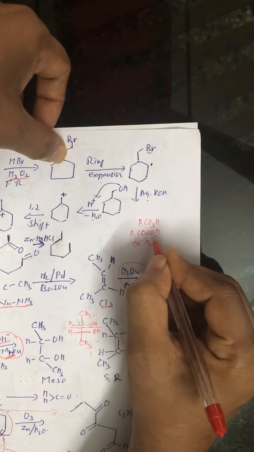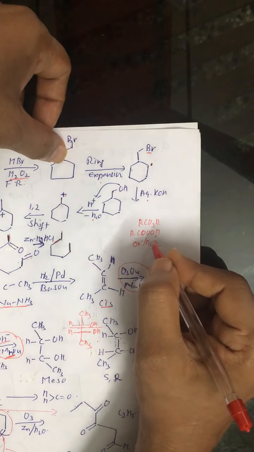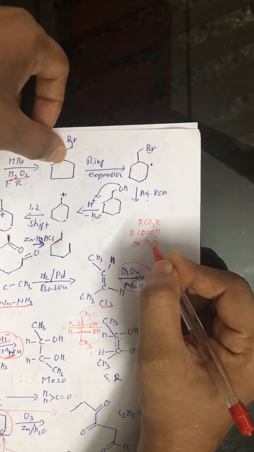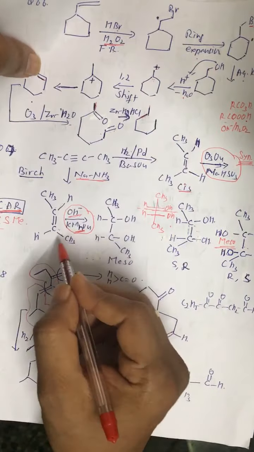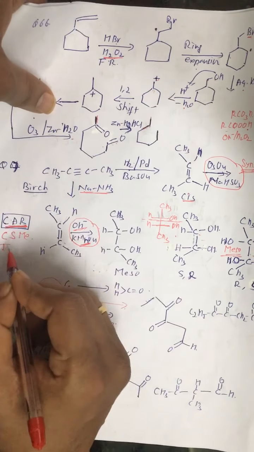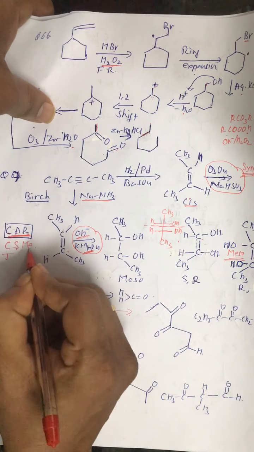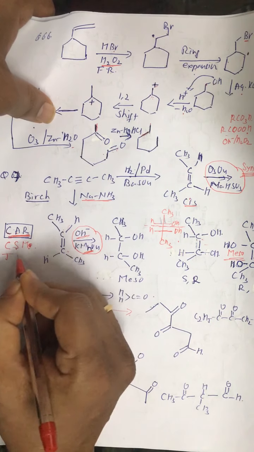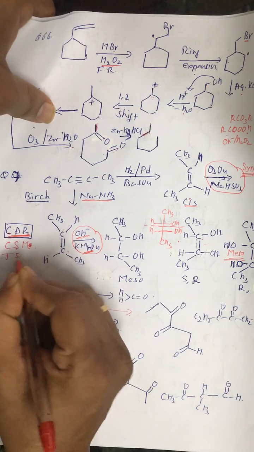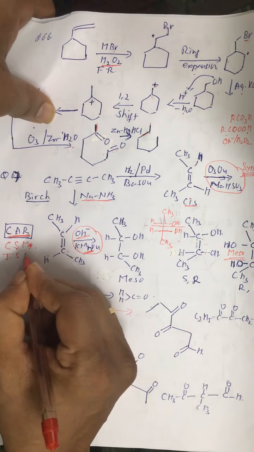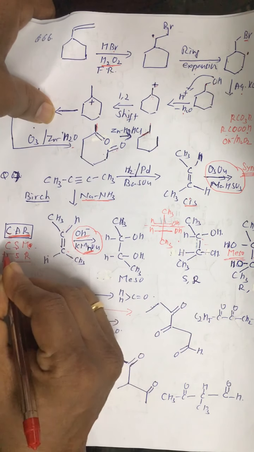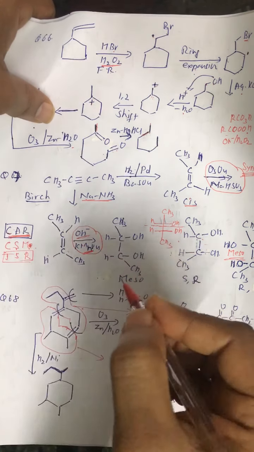Peracids like MCPBA, metachloroperbenzoic acid, you must have heard. Here also it is syn addition. So cis on syn addition gives meso, and trans on syn addition forms a racemic mixture.